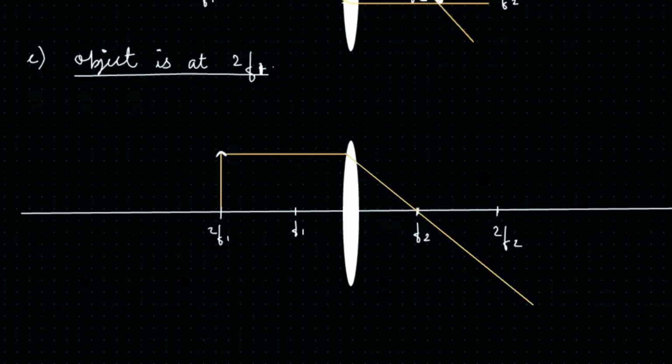The second ray, which is passing through the optical center, will pass through optical center undeviated. Now, if you can see here that the image is formed here at 2f2.